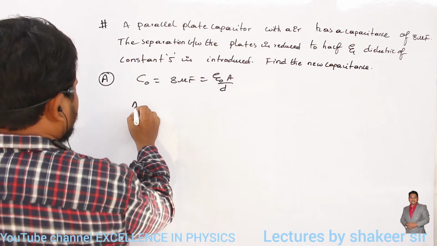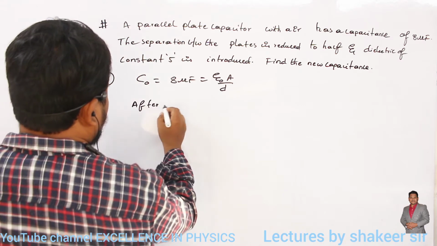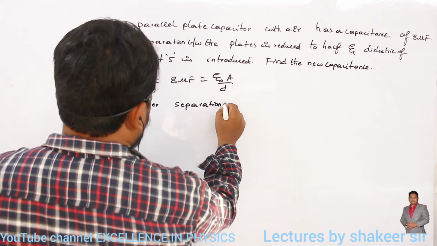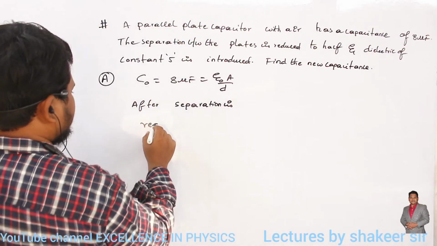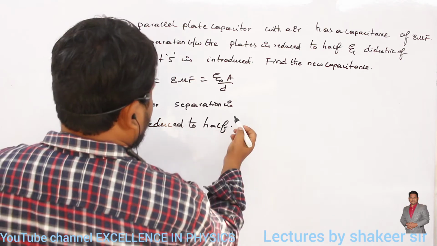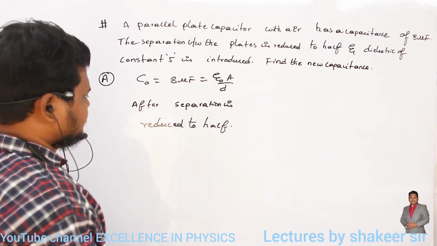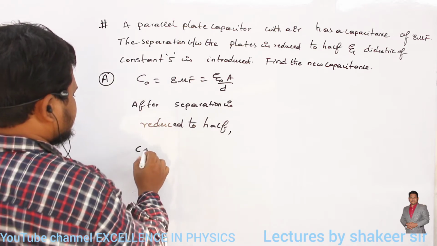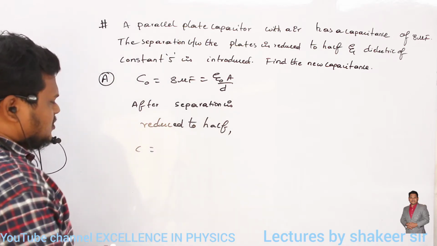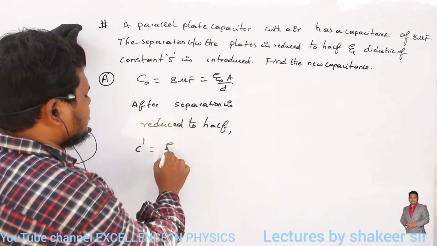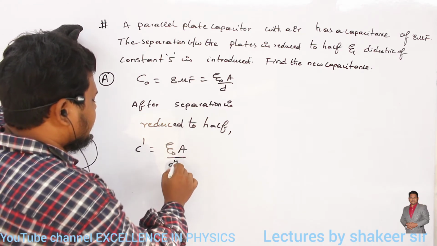After the separation is reduced to half, the new capacitance, I will write C dash, is equal to epsilon naught A divided by d by 2.